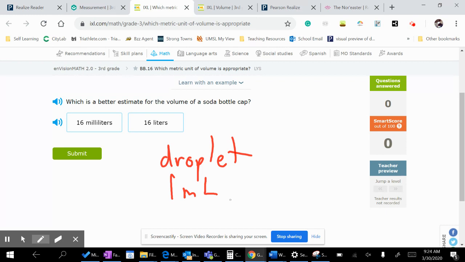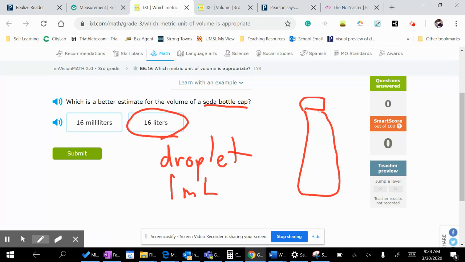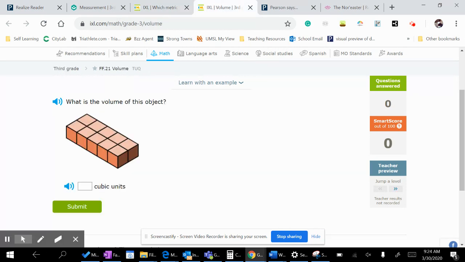If one droplet is a milliliter, and we think about a little tiny soda bottle cap, and we think about liters, well, a soda bottle usually has 1 or 2 liters in it. Now, would a soda bottle cap have 16 droplets or 16 of these soda bottles full? You have to think, okay, I would probably estimate that it would be 16 milliliters. And the students should do that as well.